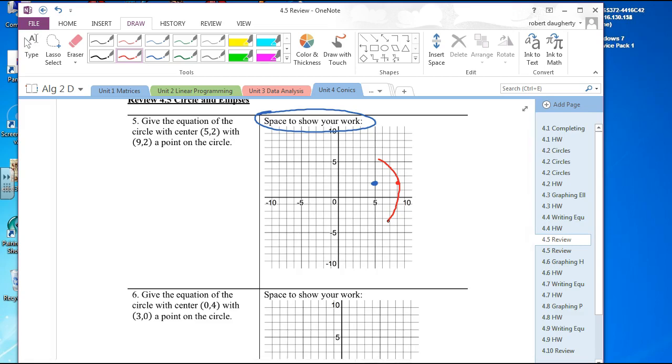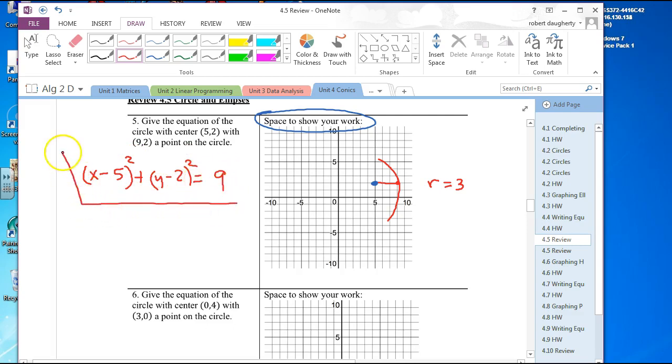So what is the radius here? This is 1, 2, 3. So the radius is 3, and the center is 5, 2. So in this case, this equation is x minus 5 squared plus y minus 2 squared. If the radius is 3, that has to equal 9.